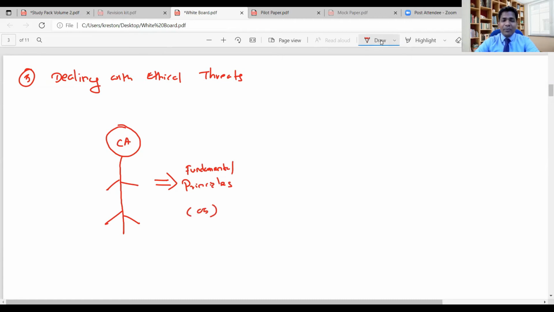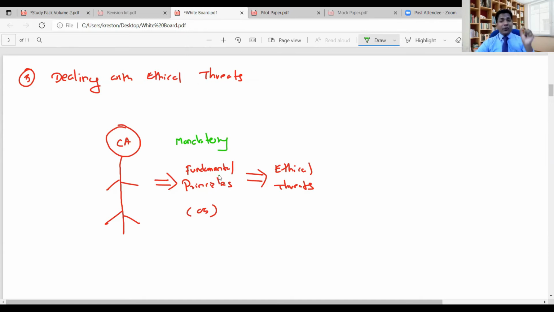There are 5 fundamental principles. While he is trying to maintain these 5 fundamental principles, ethical threats arise. Even though you try to maintain the fundamental principles, the self-review, self-interest, familiarity, advocacy, and intimidation threats arise while you are trying to maintain integrity, objectivity, professional competence, confidentiality, and professional behavior. The auditor has to maintain them, there is no doubt about that. This is mandatory.